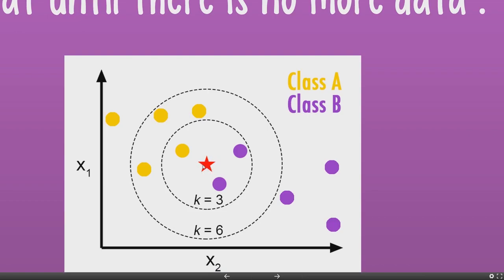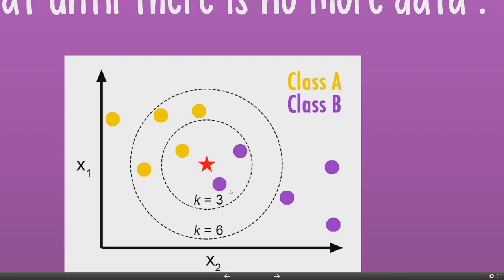After putting this data point, we need to choose our k. K is the number of neighbors we need to choose beforehand. Don't mix it with the k-means algorithm. We are talking about the KNN algorithm. In KNN, k is the number of neighbors we should look at.